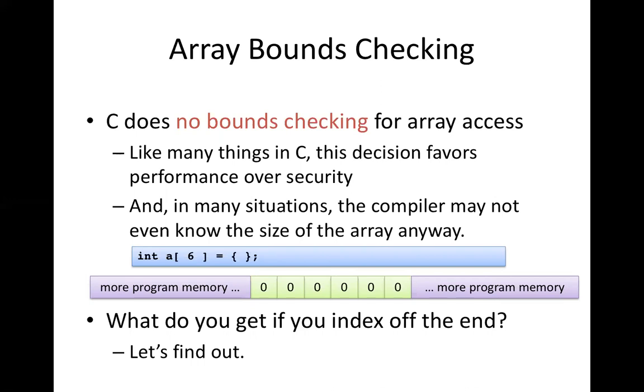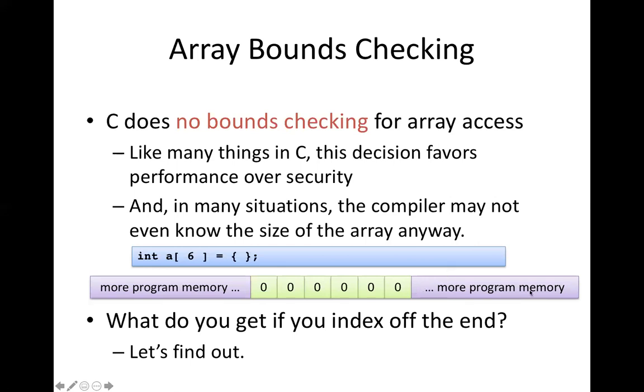So you can think of an array like the one I'm declaring up here, an array of 6 elements, as being stored in 6 consecutive integer-sized locations in memory. And if you accidentally index off the end of the array, so this 6-element array would have element 0 up to and including element 5, and you try to access elements past that, the compiler doesn't write any code to keep you from doing that.